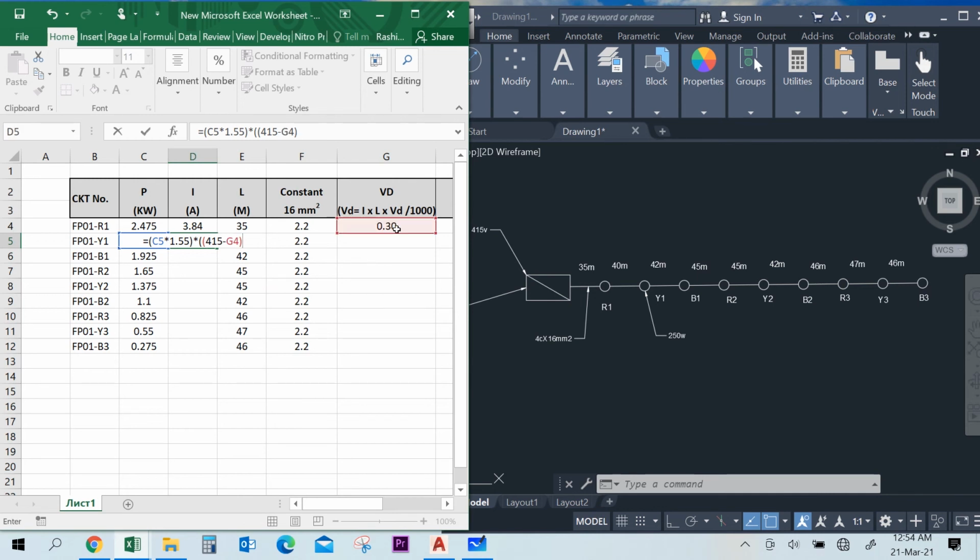Yeah, we can copy this and divide it by 415. This is the total voltage. Now the value becomes 3.41. This is the current value at the point Y1.